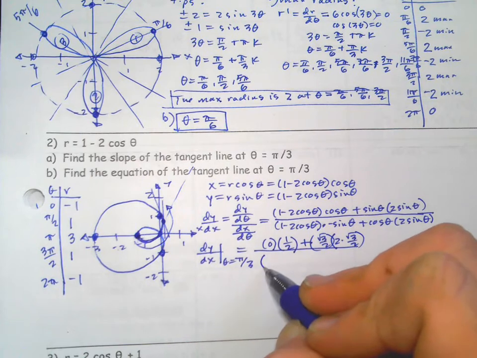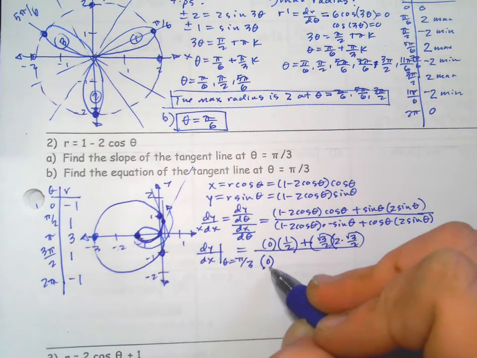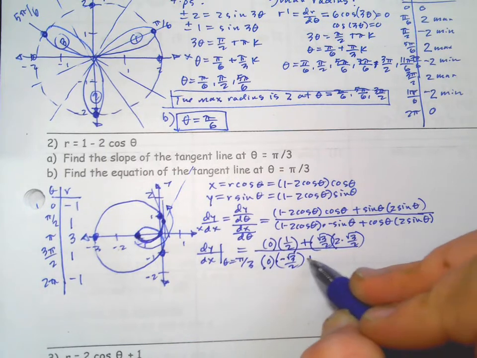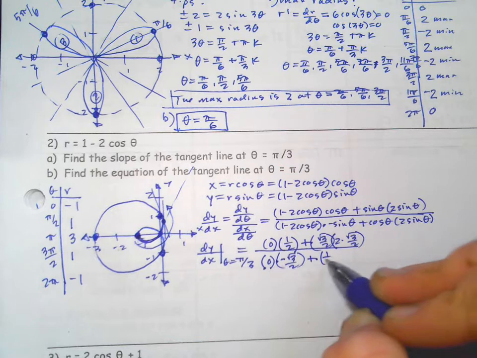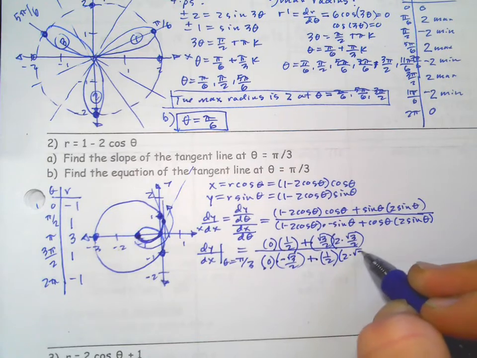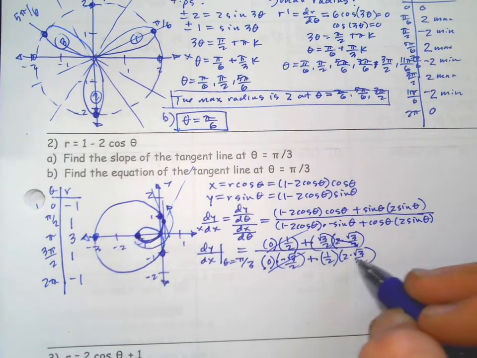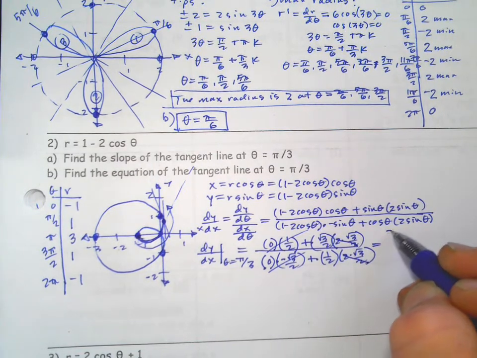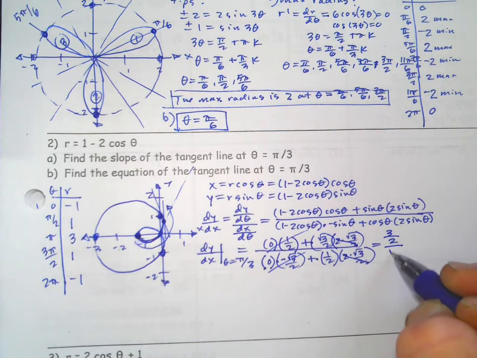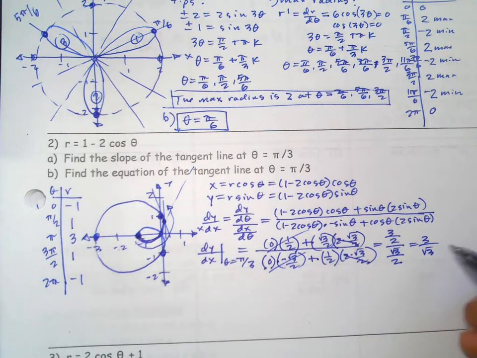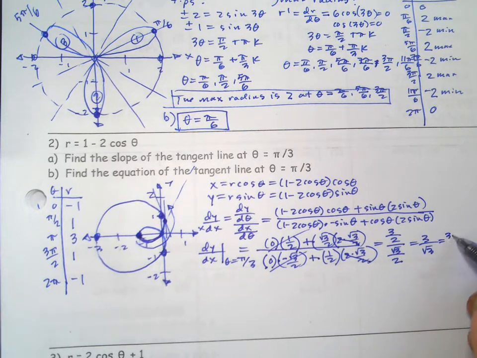And the bottom down here, we can get 0 again, times negative root 3 over 2 plus 1/2 times 2 root 3 over 2. So those go away. Here the 2's cancel and the 2's cancel, and we get 3 over 2 and then root 3 over 2. It's going to be 3 over root 3, which is the same thing as 3 root 3 over 3, which is root 3. So that's the slope of your tangent line.